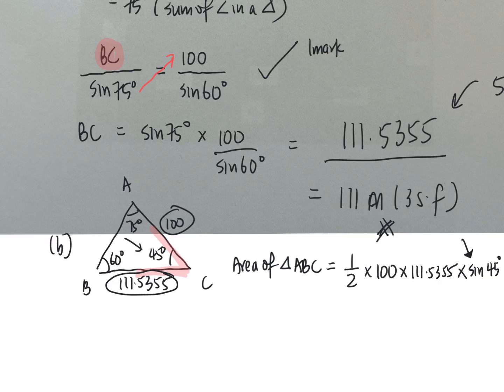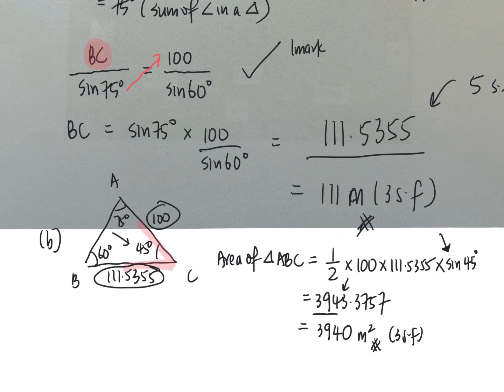What do you get? So 3 SF, 394. Okay? Doing or not?